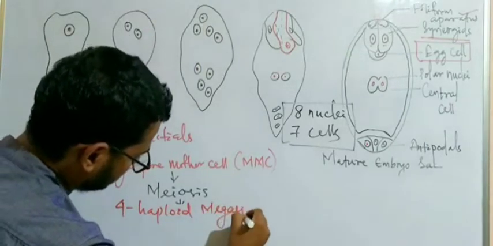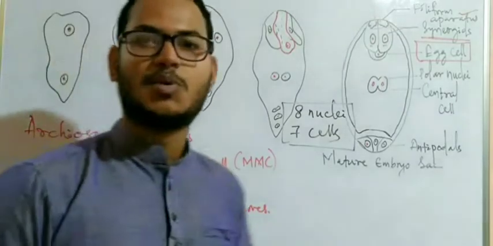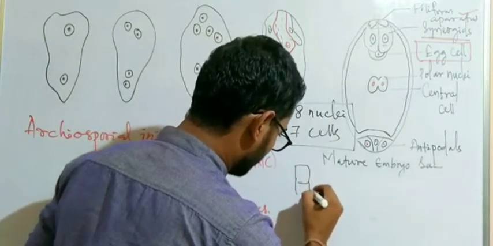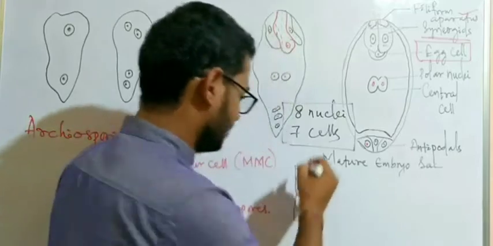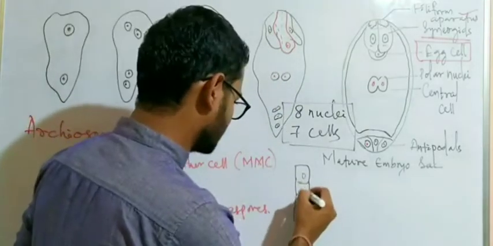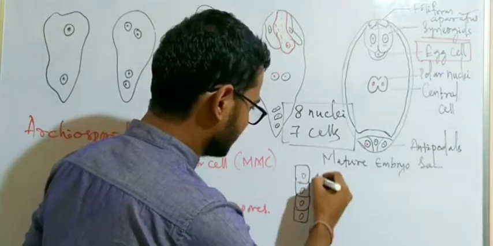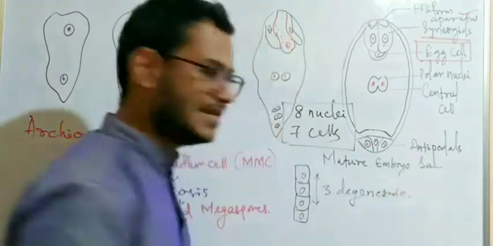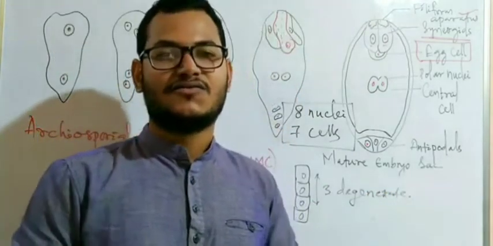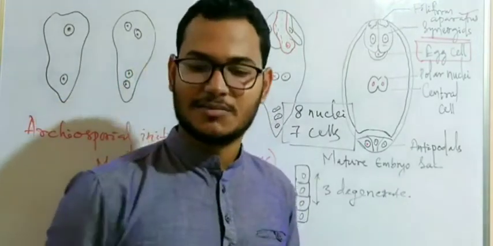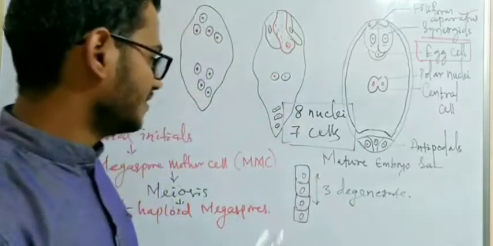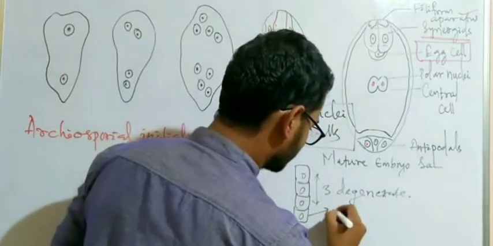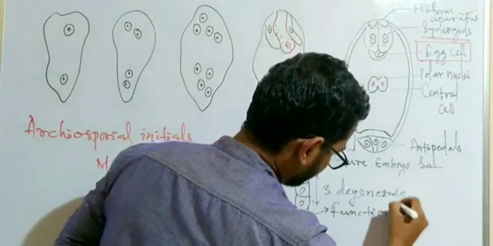The 4 haploid megaspores are arranged forming a linear tetrad, and out of the 4 haploid megaspores, 3 degenerate, and the remaining 1 enlarges in size, forming the single functional megaspore.